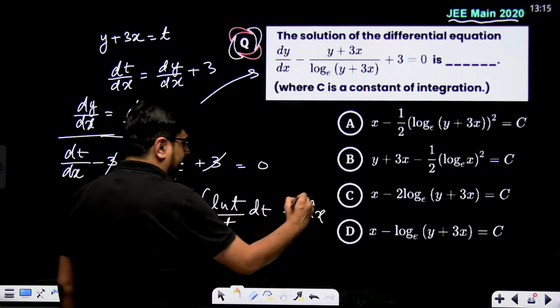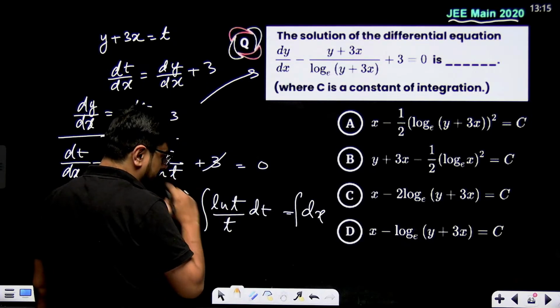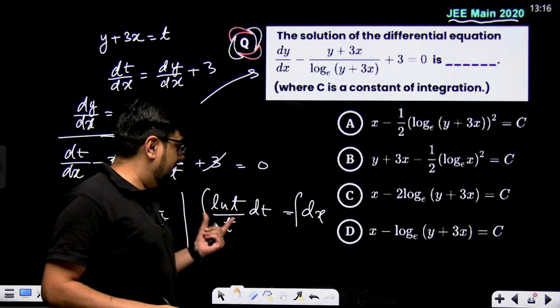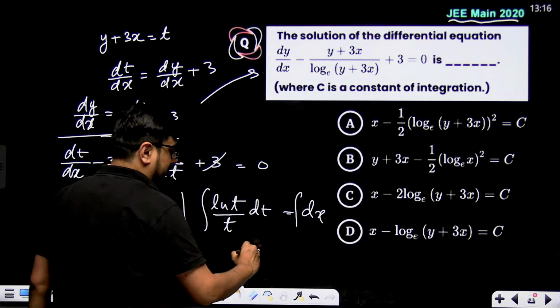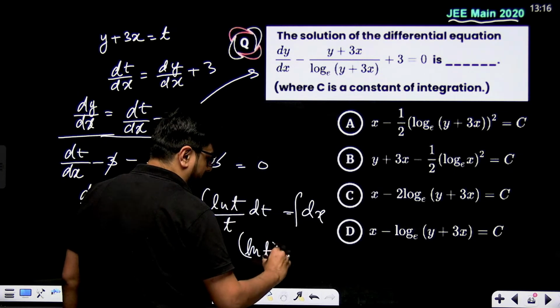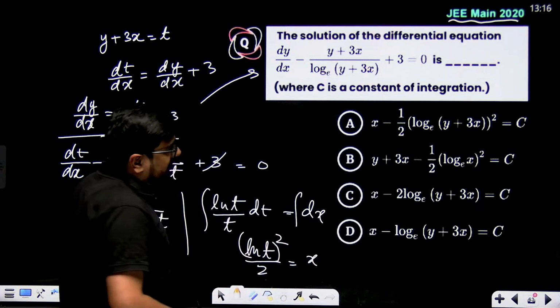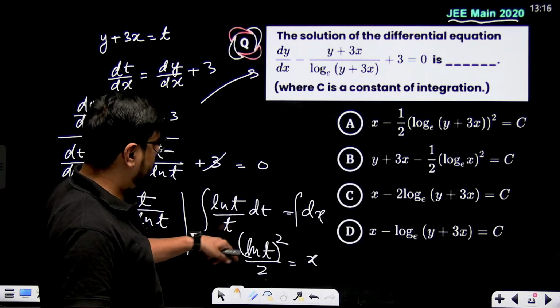So integrating both sides, ln of t by t becomes ln of t whole square by 2, right? Simple standard integration. If you remember this, okay, otherwise substitution will help you. This will become ln of t whole square by 2 equal to x plus c or minus c, depending on the option. We'll have to substitute t back.